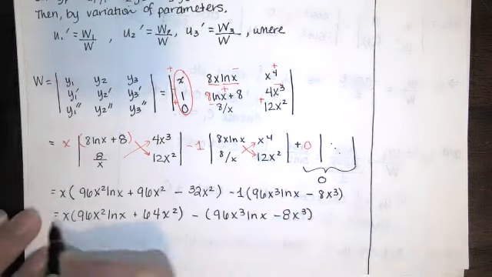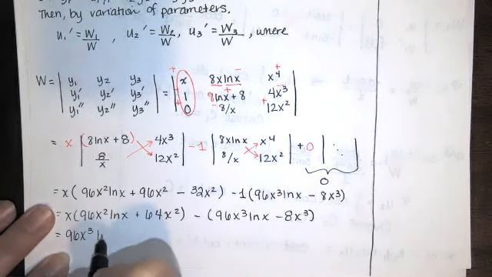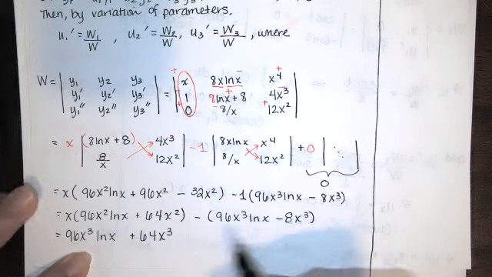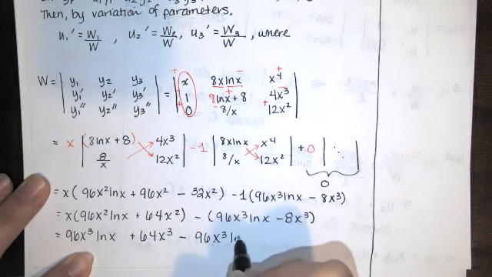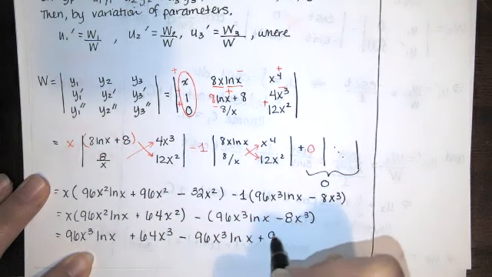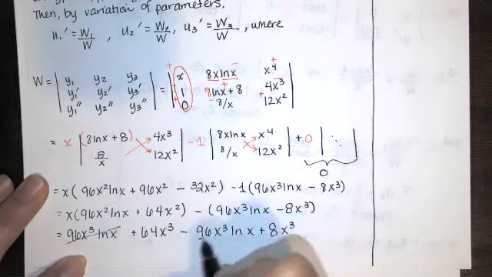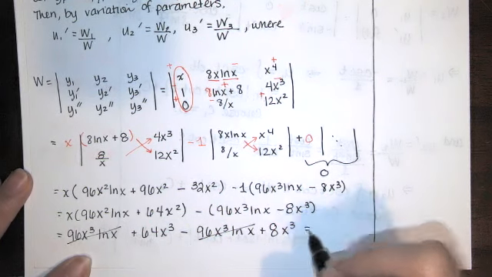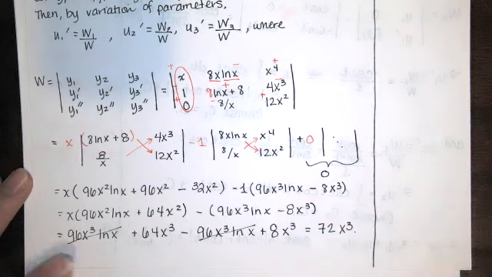Now if we distribute the x here, we get this. And if we distribute the -1 over here, we get that. And notice that these two terms reduce, and we have 64x cubed and an 8x cubed. So that's going to give us 72x cubed for our Wronskian.